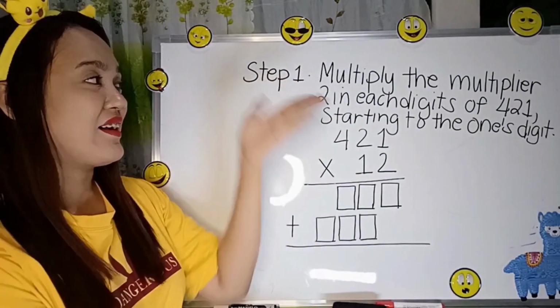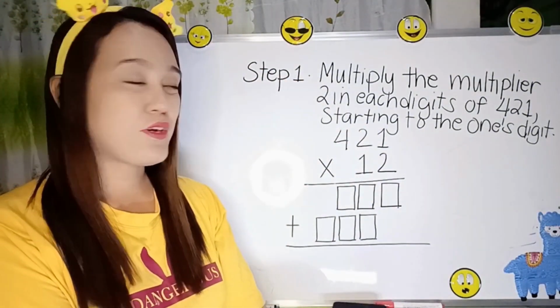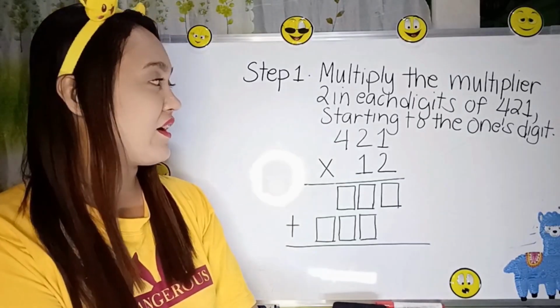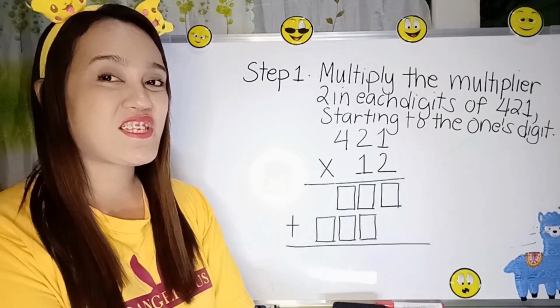Step number 1. Multiply the multiplier 2 in each digit of 421, starting to the ones digit.